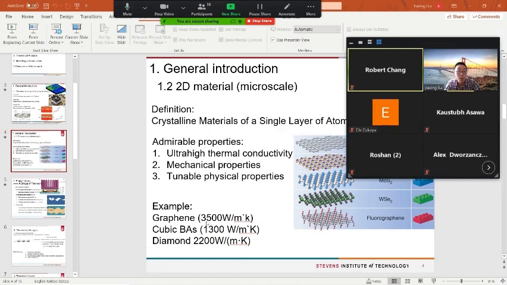The most important factor is the thermal conductivity. And right now my selection is based on one paper, in which the researcher put forward graphene and cubic BAS as candidates for the 2D materials.